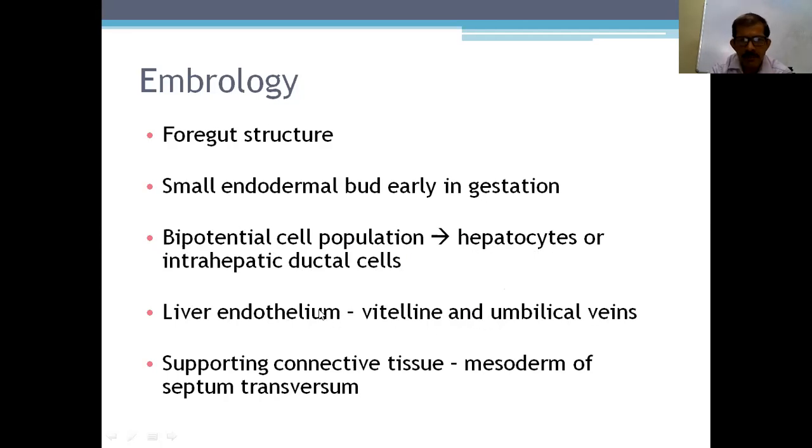So the intrahepatic portion of the umbilical vein is intact, whereas the extrahepatic will become ligamentum teres. So that is important. Of course, the connective tissue is from the mesoderm, that is septum transversum. So all the 3 layers will be there: endoderm, mesoderm, and endothelium is also there. Okay.